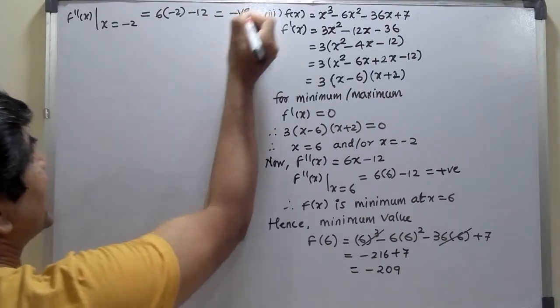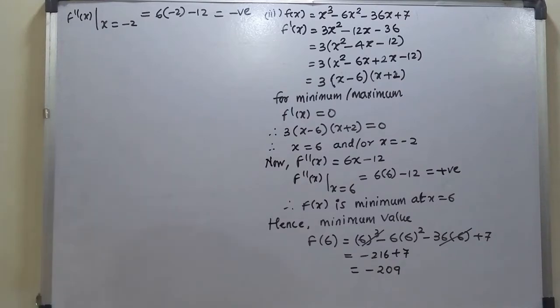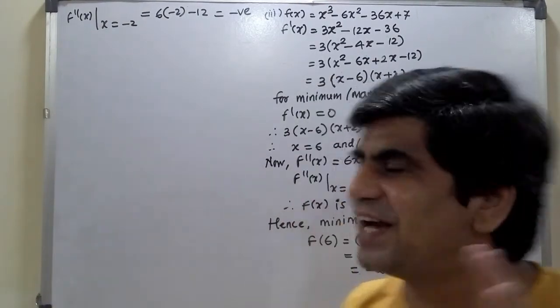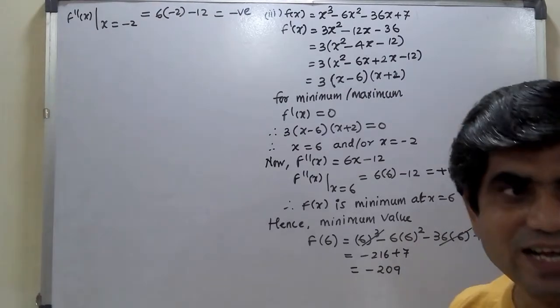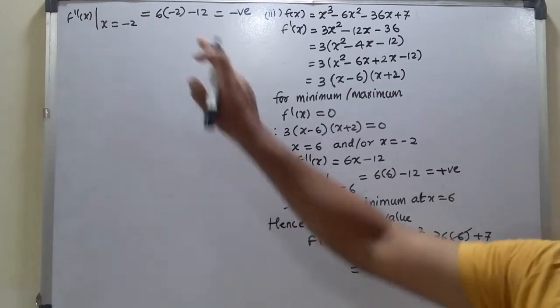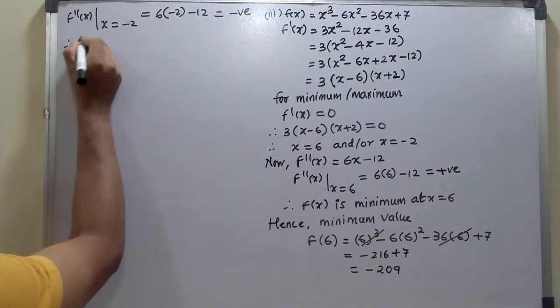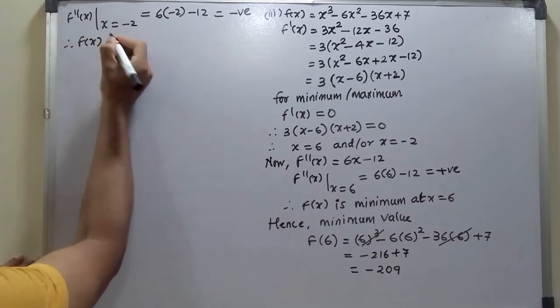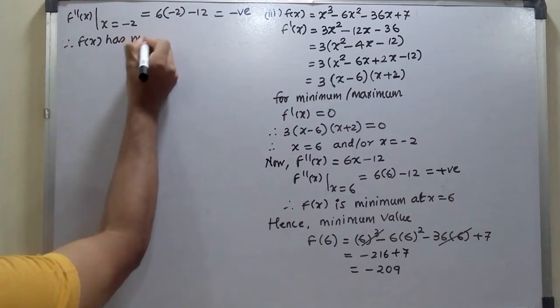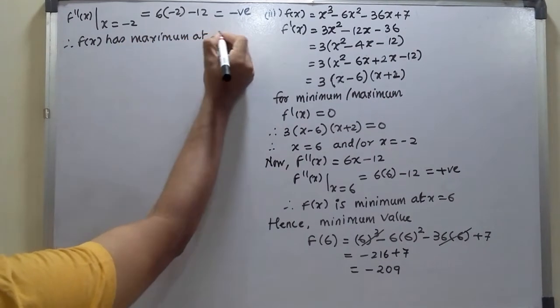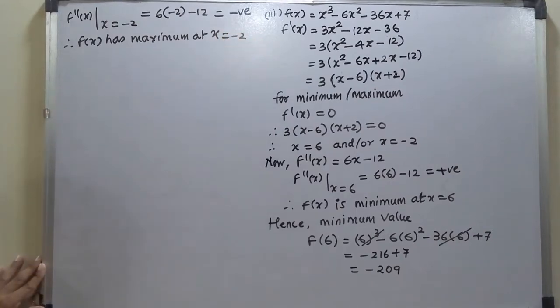So it will be negative. So if the second derivative is negative, it very clearly tells that function has maximum value at x is equal to minus 2. Therefore function of x has maximum at x is equal to minus 2.